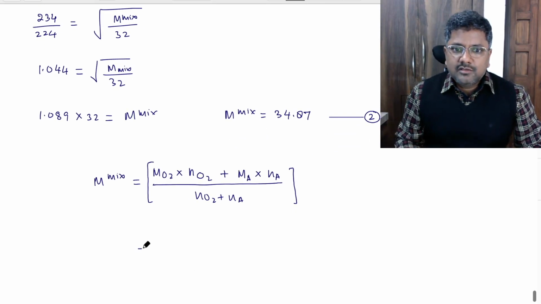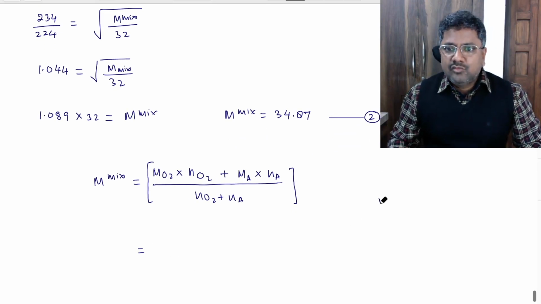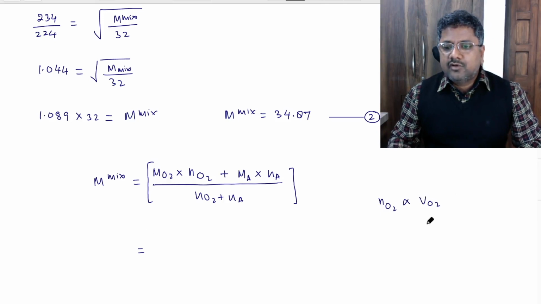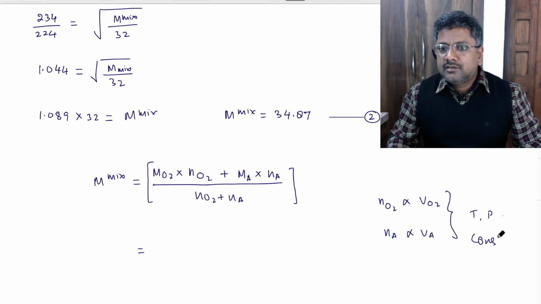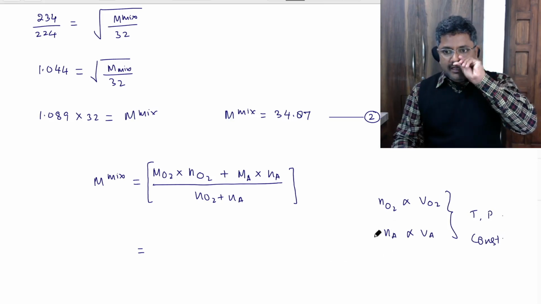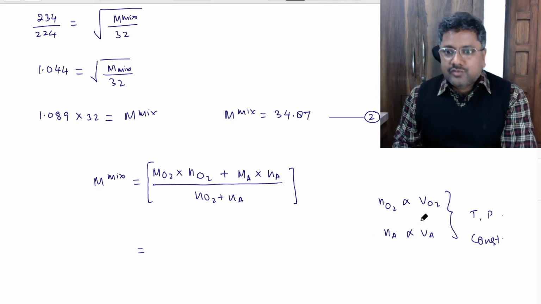So moles of O2 is directly proportional to volume of O2, and moles of A directly proportional to volume of A, as T and P are constant. So we can apply Avogadro's law here.